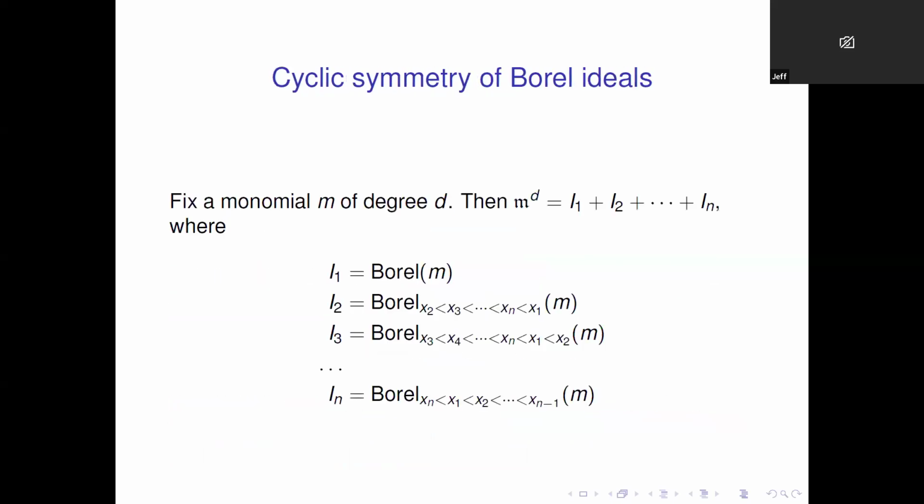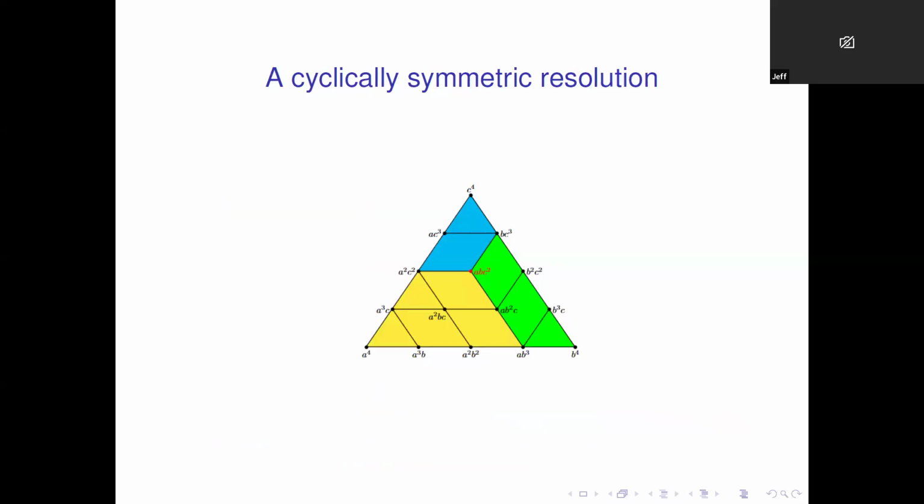The green ones on the right, we've done the same thing, except we have reordered the variables as in I2 here, right, so that BX2 is the cheapest variable and AX1 is the most expensive variable. And upon doing that, we are still taking the complex of boxes for the Borel ideal generated by ABC squared. It's just, I guess I should call it BC squared A now.